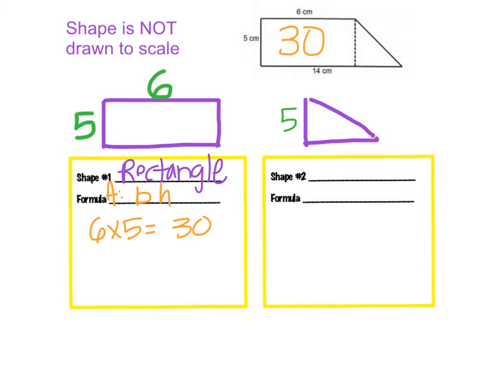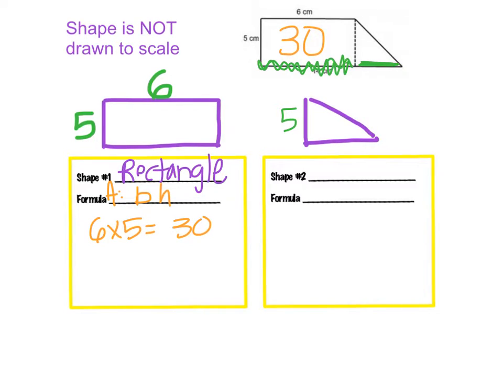So that means the triangle needs to also have 5 on its side. The part of the triangle that's missing that I need to figure out right now, though, is this little area right here. I don't have a single number for it. So what we're going to have to do is, if I take away the rectangle part, which we already said was 6, I'm going to take away all of this space.